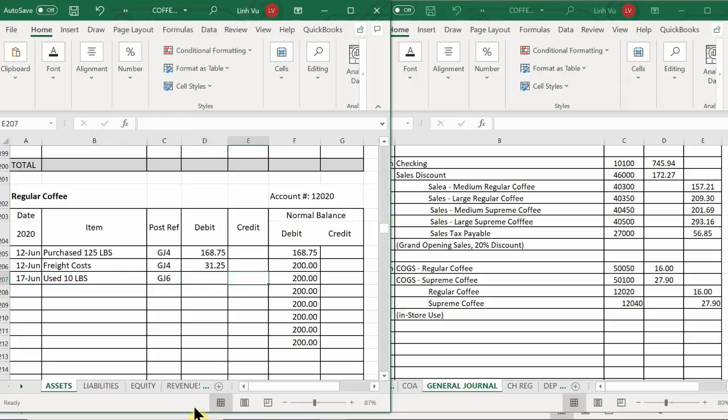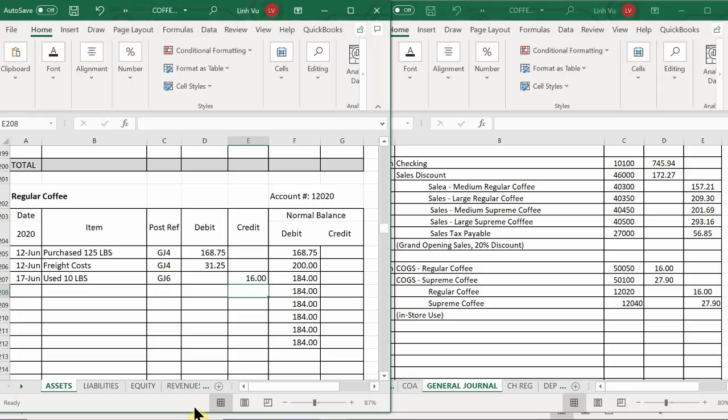Right. In this case, I'm going to credit my account for $16. So therefore, I should have a total balance in my regular coffee to be 184.